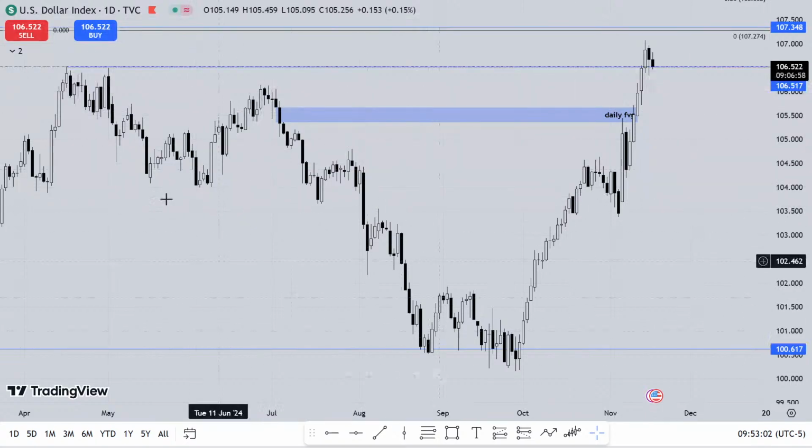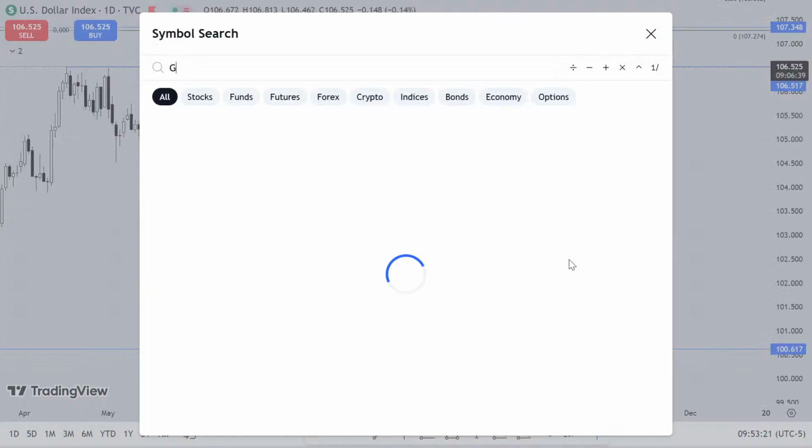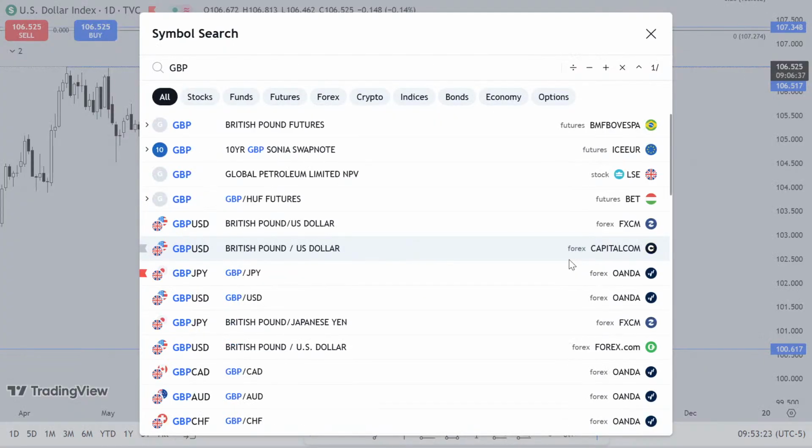So if you are to trade, you have to be trading the crosses, which are the exotic crosses like the Great British Pound versus the Japanese yen, or the Euro versus the Japanese yen, the Australian dollar versus the Great British Pound, those kind of crosses. So let's take a quick look at them.